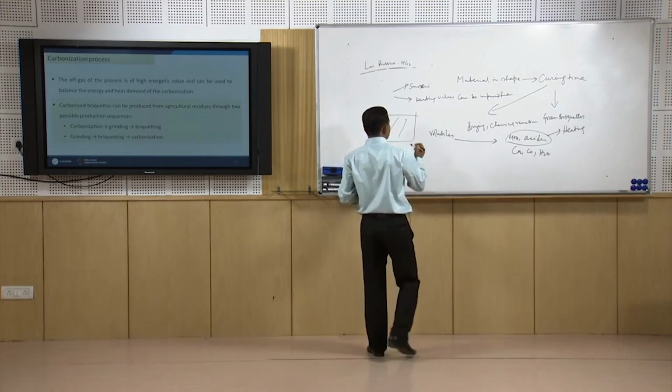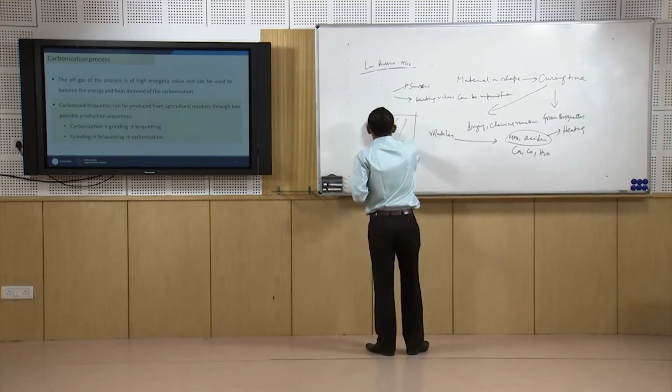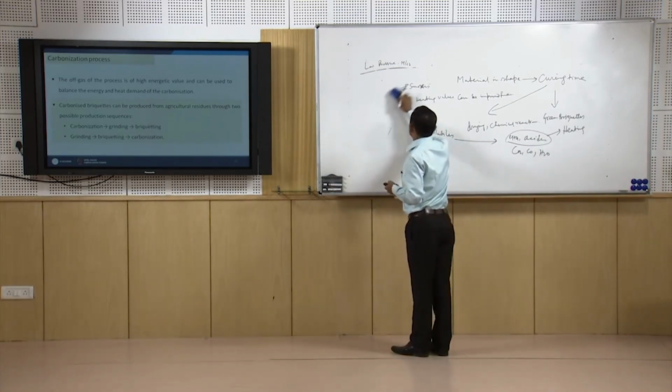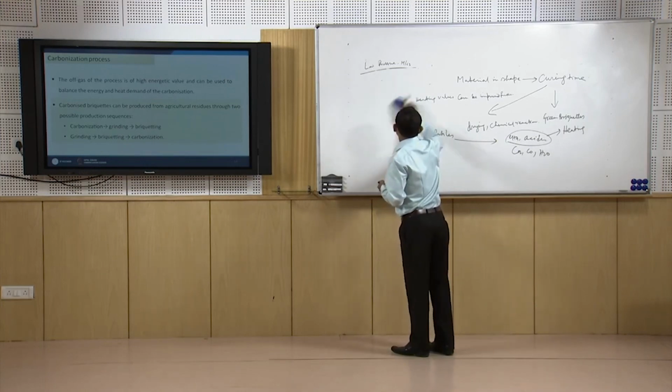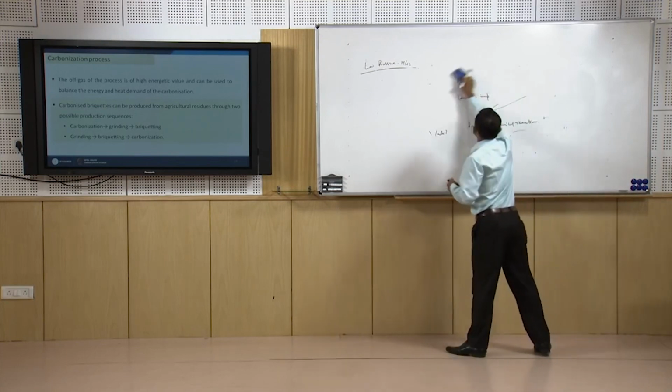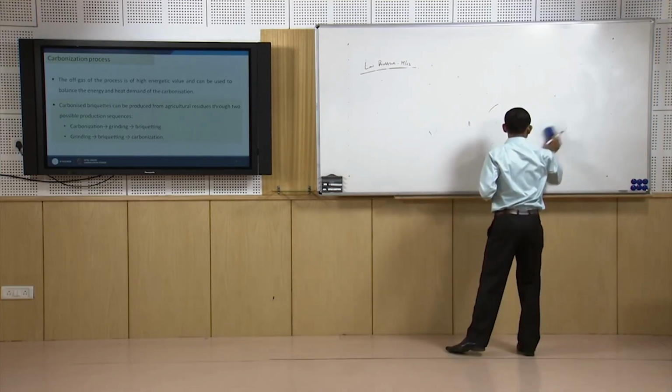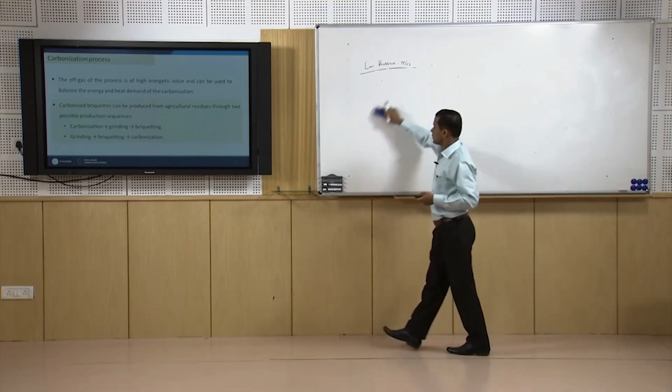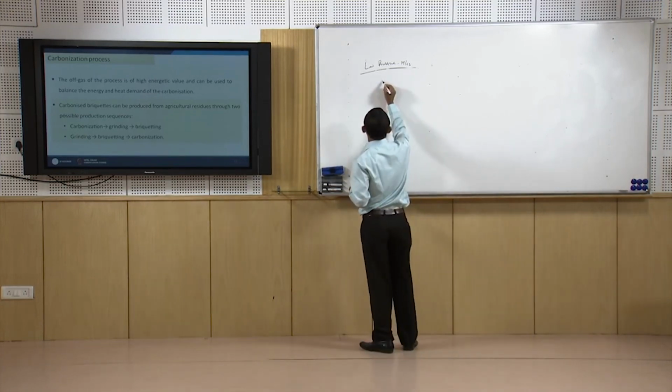So, when and how we will do the carbonization, this is a big question. We have biomass and waste, the intermediate product is briquettes, and then we are getting carbonized briquettes.